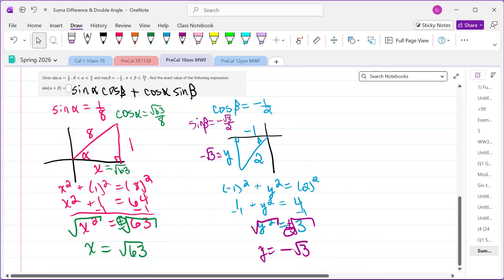So now I know all four pieces I need. I just need to fill in the pieces in the formula and I'm done.